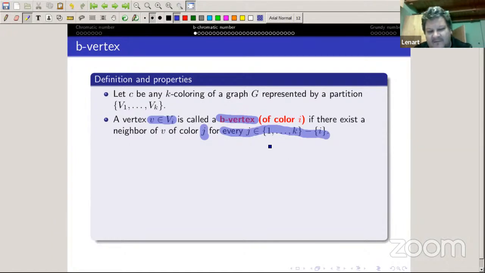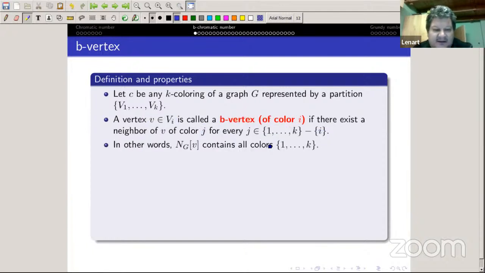This is important, for every j different than i. This actually means that the closed neighborhood of V contains all the colors. So V has color i, and for all the remaining colors, one can find a neighbor of V of this color.